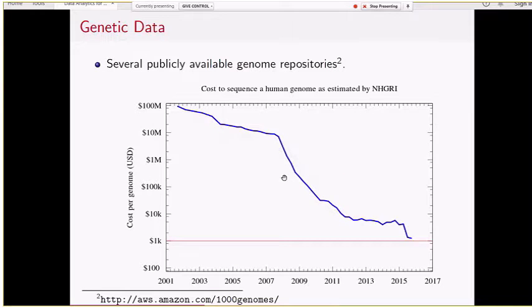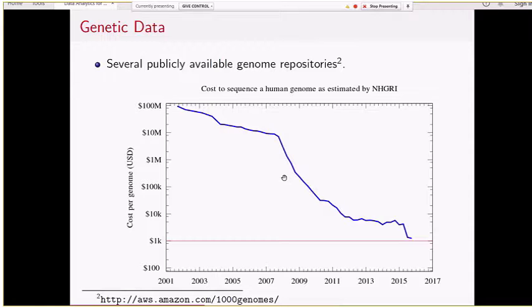The main reason for this continuous increase in collecting genomic data is the huge drop in the cost of sequencing a human genome. Around 2001, sequencing one human genome cost around $100,000, and now it is just a few thousand dollars.